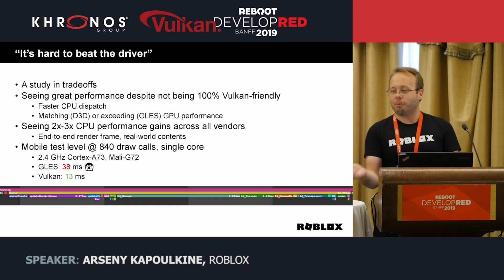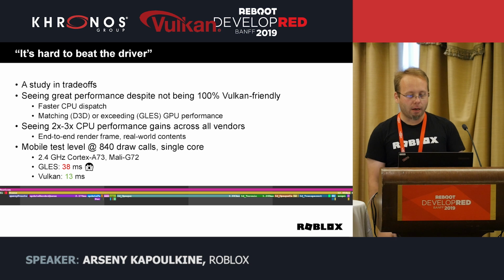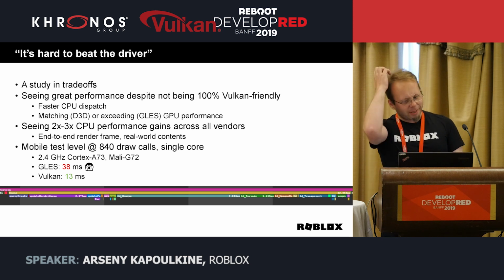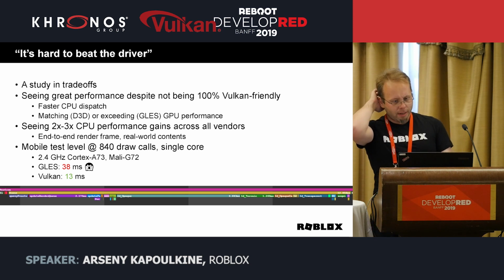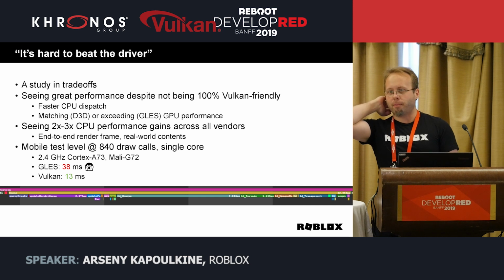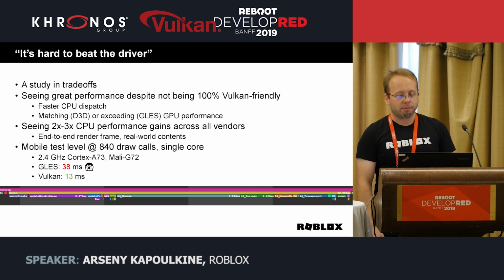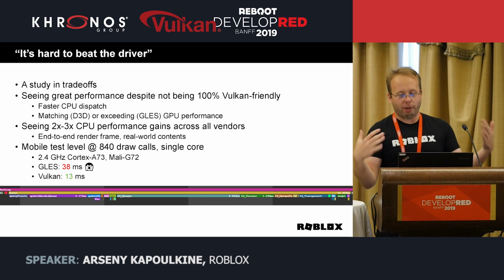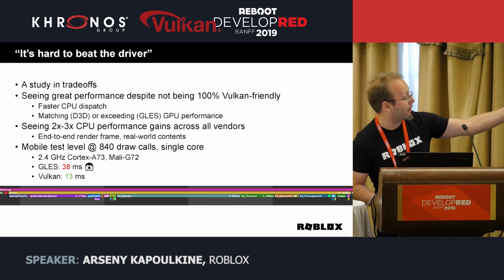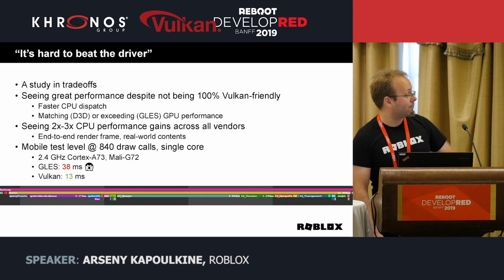But on OpenGL, on mobile, we are basically seeing 2 to 3 times faster CPU dispatch performance everywhere, like ARM and all other vendors. So I have some numbers from ARM here. This is not a micro benchmark, this is not a particular stress test, this is measuring our entire render frame with the profile timeline capture.